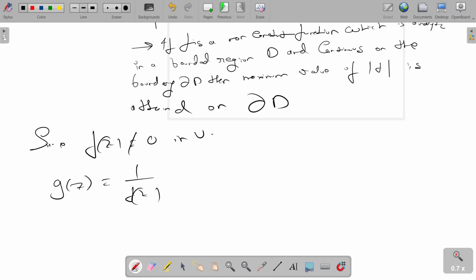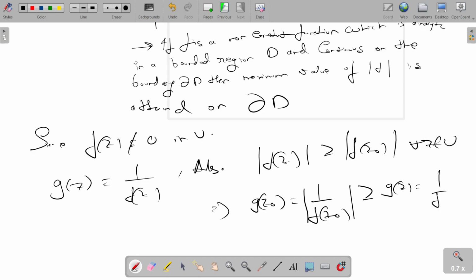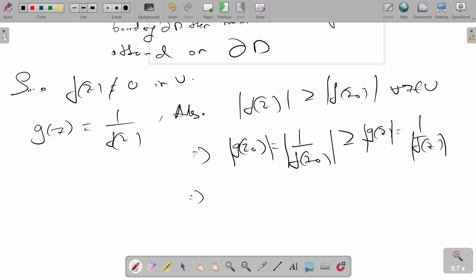Also, mod f(z) is greater than or equal to mod f(z naught) for all z belongs to U, which will imply that g(z naught), which is 1 by f(z naught), is greater than or equal to mod of g(z) for all z belongs to U.